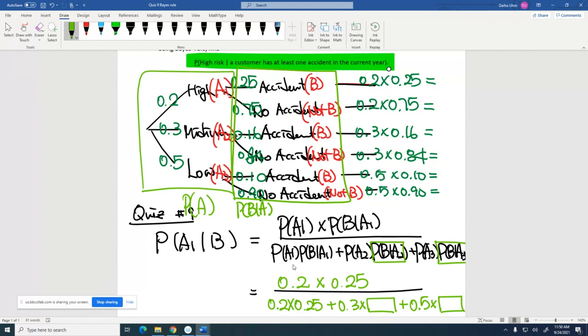Anybody who has the B given A2? 0.16, yes. Then how about B given A3? 0.10. Thank you.